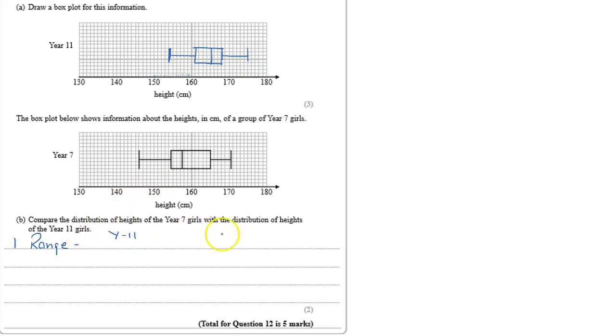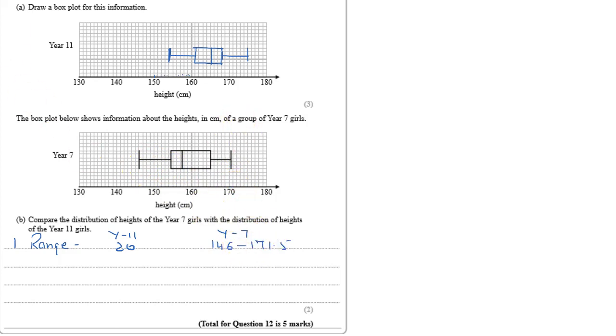We can see the range here is 20 and the range here is, this is 145 to 170, roughly 146 to 171.5.